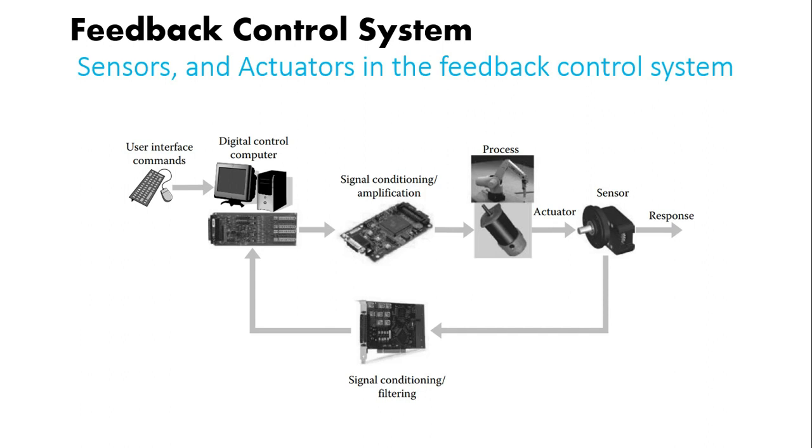If they get the response, the output will be given, or it will be returned back to the signal conditioning and filtering, and again the cycle takes place. These sensors and actuators are interdependent and related to the control system. A control system is a dynamic system that contains a controller as an integral part.